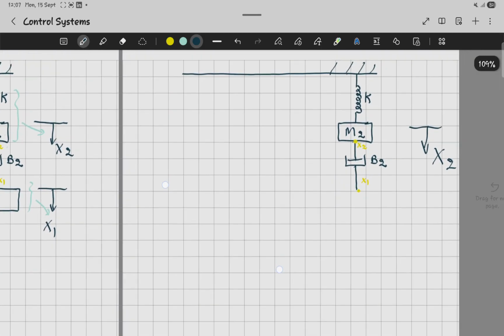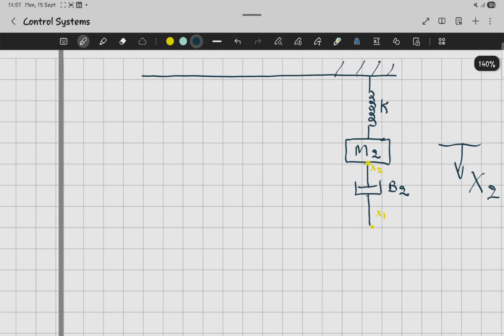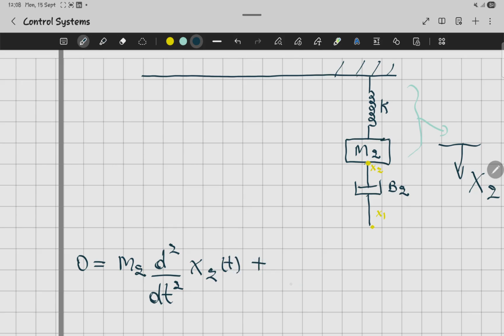Now when you go to this one, it's going to be slightly similar. Remember that we said this one is based on x2. Since we don't have Ft, we're going to write 0 equals, we start with m2 d square dt square times x2 of t, plus, let's start with the spring, it's going to be times x2, which is easier. Now we go for b2, which is going to be d dt.